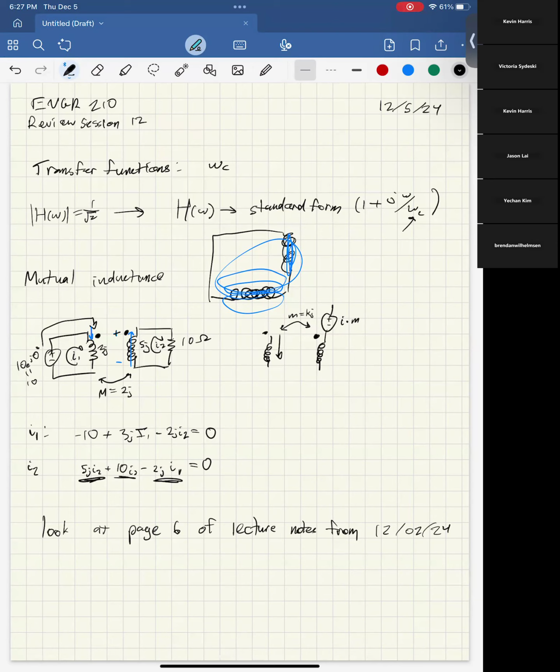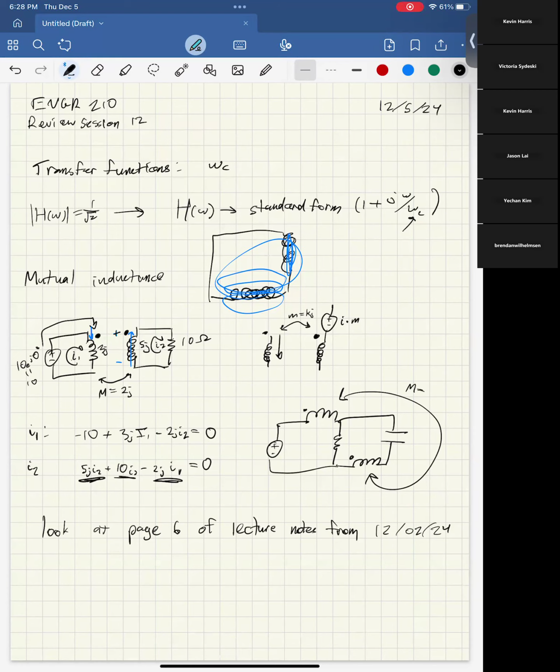Okay. And then the thing that makes this difficult is that you can have circuits where it's not in separate loops. So we could have it like this, where, oh no, they're actually connected here. But these two are still the ones that are coupled. So we'd say we have our mutual inductance equal to something, and then you'd end up doing the same procedure as the previous one.